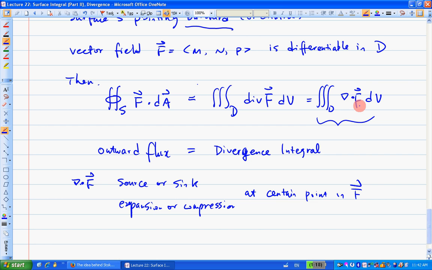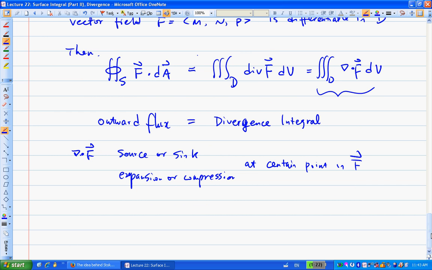So the flux across the surface S equals the net expansion or compression inside the region D. That's what this equation means. For example, let me give you an analogy. Let's say you're pumping air into a tire.